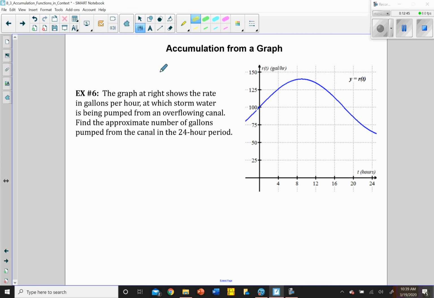Let's see. Oh, I can't get it to color. Yeah, not coloring very well. See if we can get a, there. So from here to here, and then get a different color from here to here.